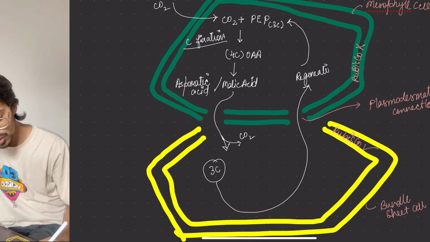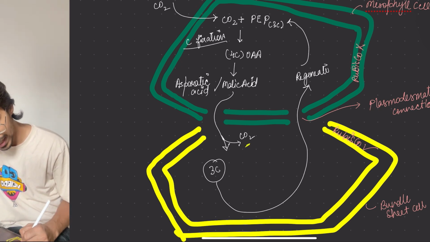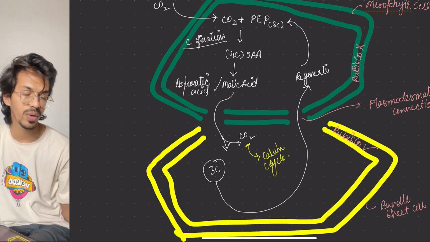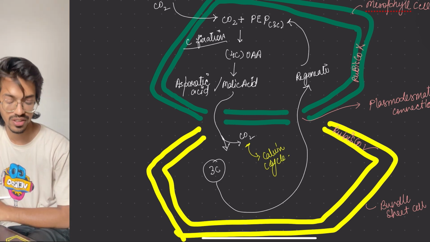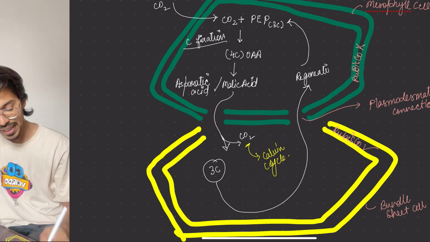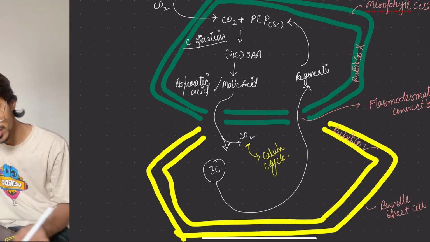Now, what happened to this carbon dioxide which is coming here? It will undergo the Calvin cycle, the same cycle, and form the food, because this contains the Rubisco. So Rubisco will undergo the Calvin cycle once the carbon dioxide comes. So carbon dioxide keeps on coming like that. The major question here would be, first, which enzyme is doing this reaction?